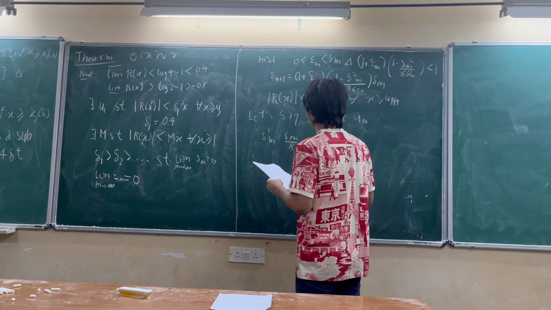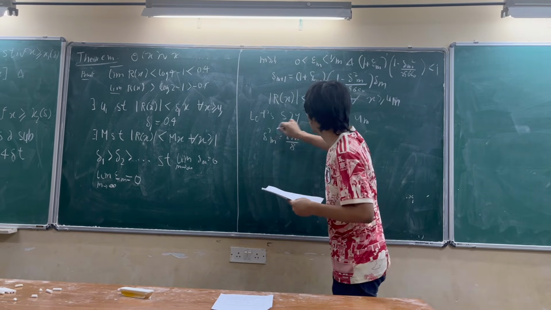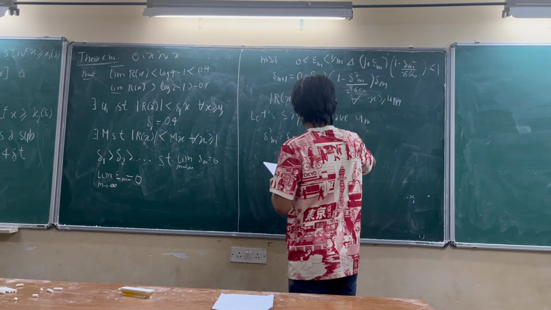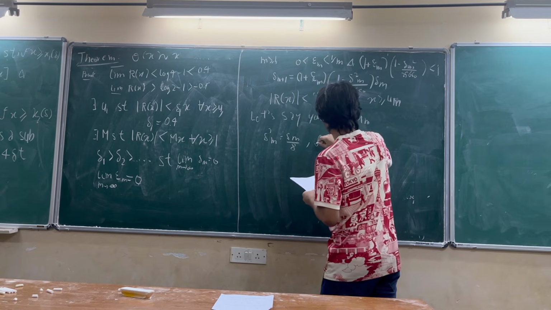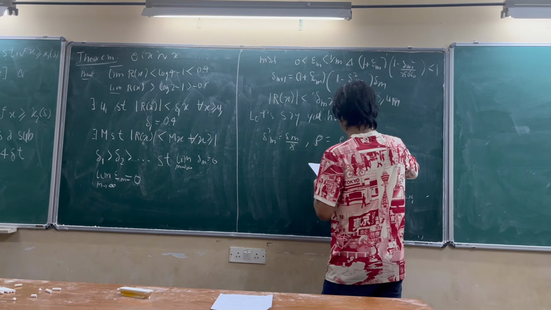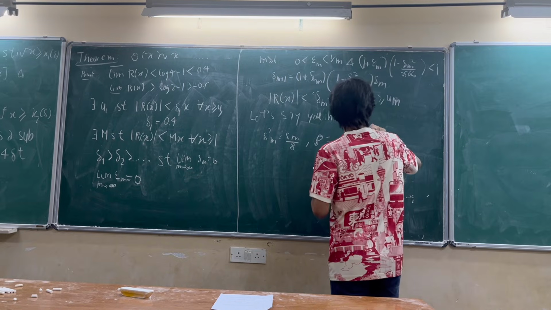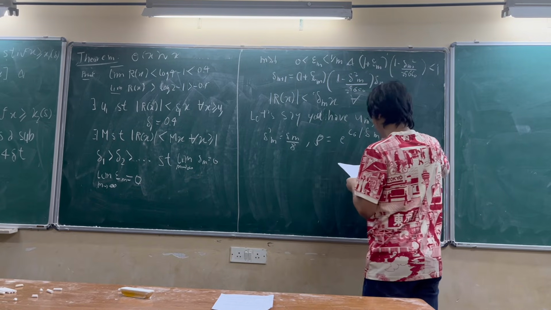So now suppose you have u_m. For constructing u_{m+1}, first you let delta dash_m be delta_m by a, and let rho be equal to the exponent e to the power c naught delta dash_m.